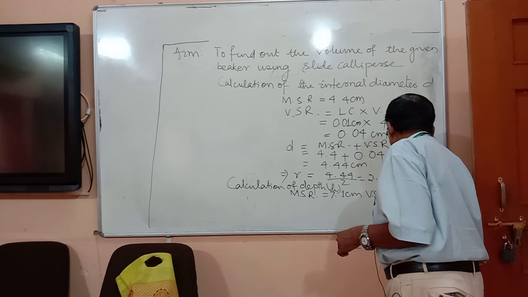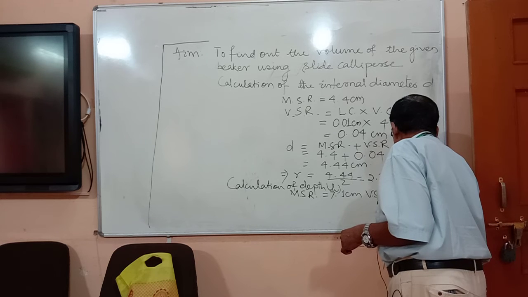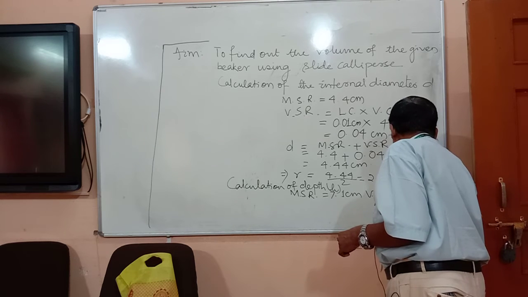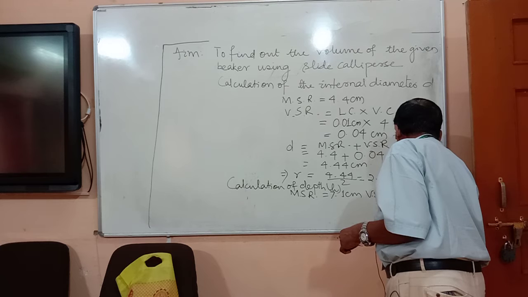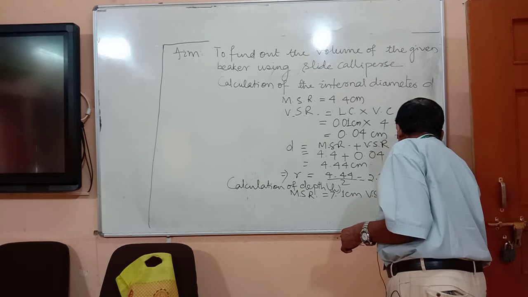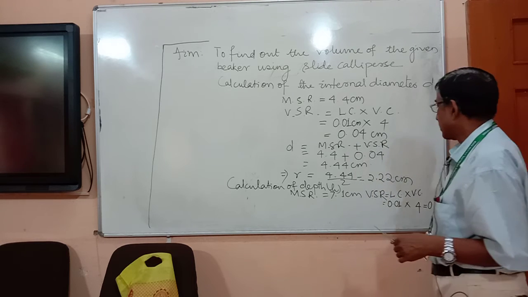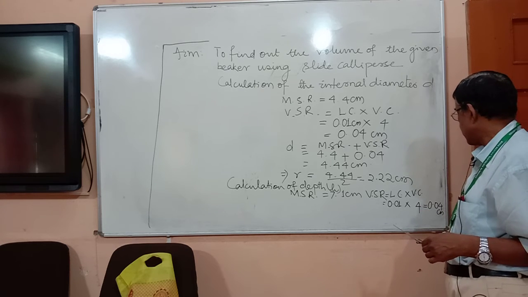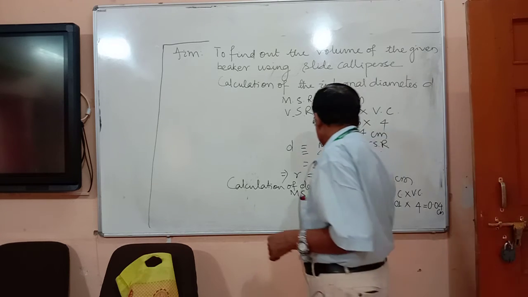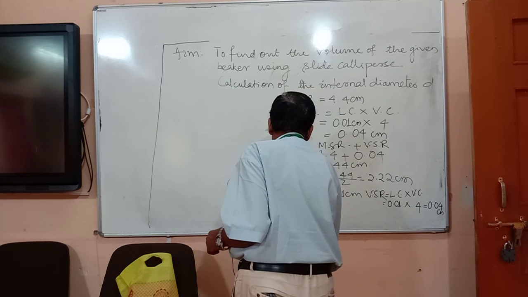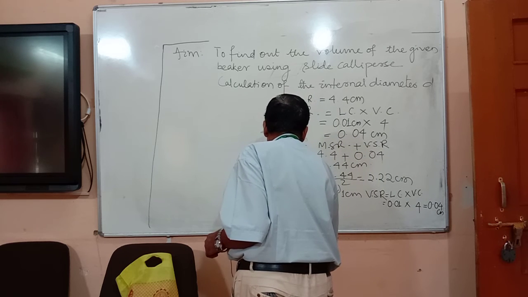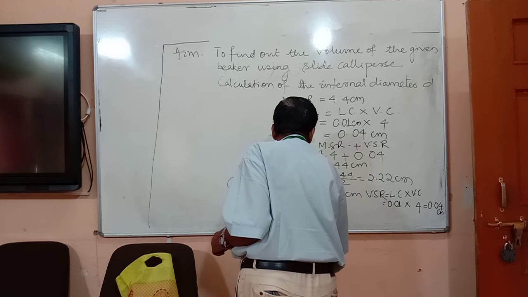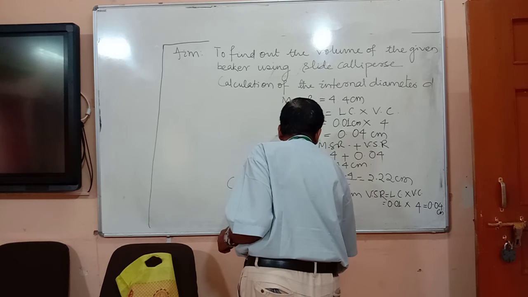That is equal to 0.04 centimeter, your vernier scale reading. So the depth H equals MSR plus VSR.